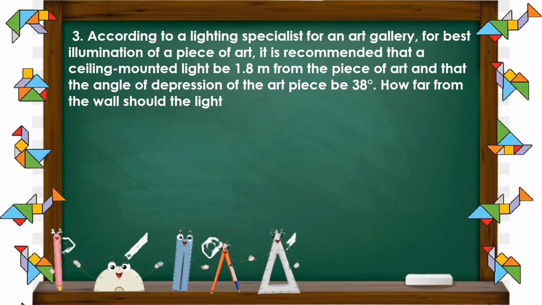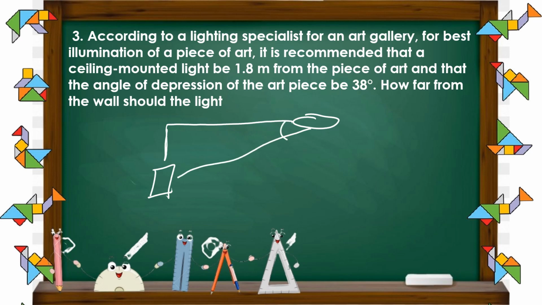So we have here your light, and then we have here your art piece. So we have this illustration. The angle of depression is 38 degrees, and the light must be 1.8 meters from the art piece. So the question is, how far from the wall is the light? So this is the wall, and this is our light.